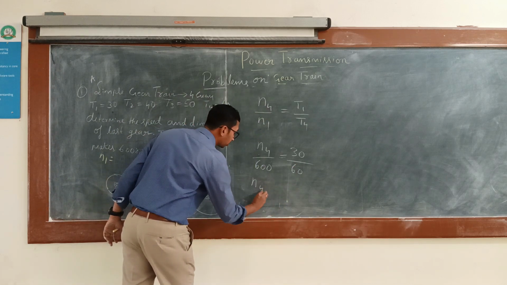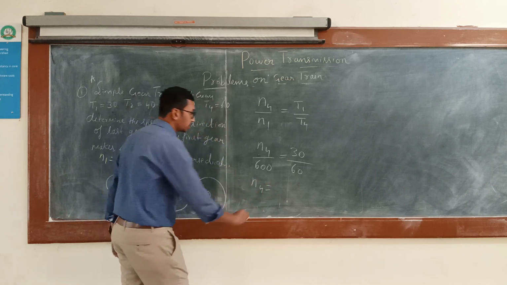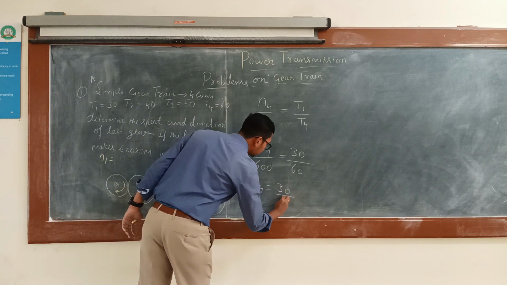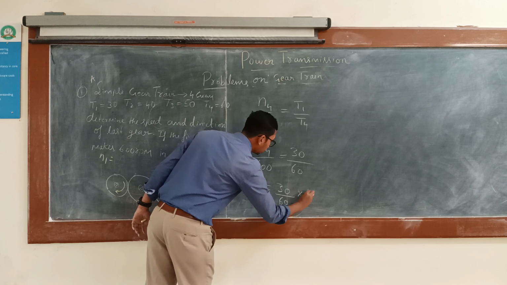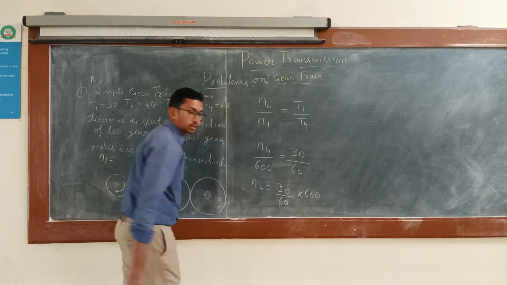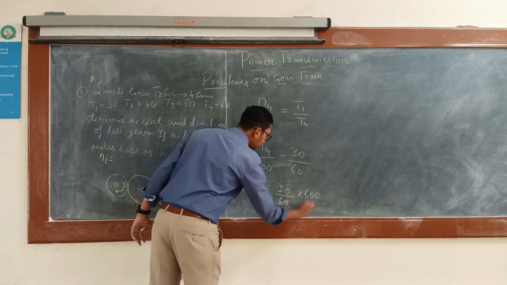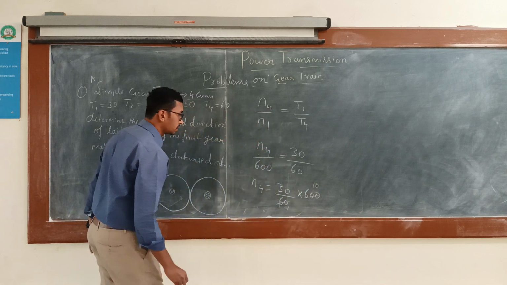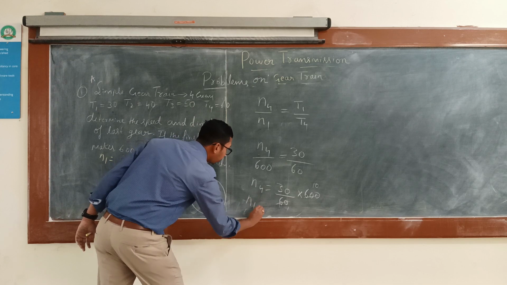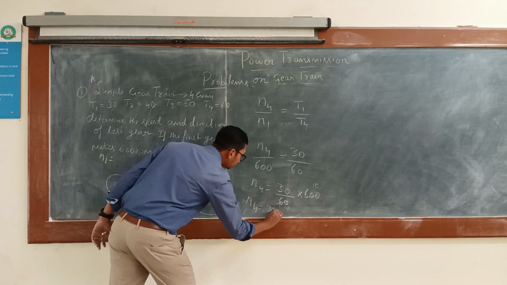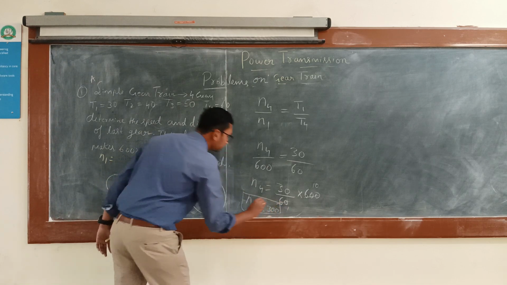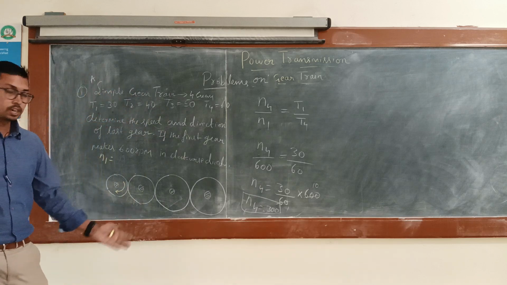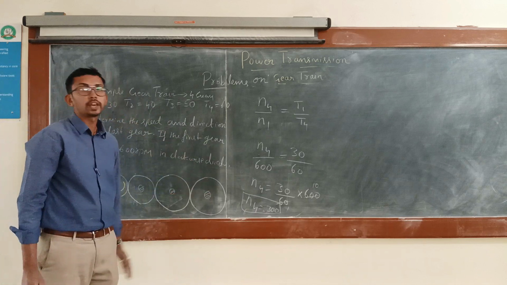Therefore, n4, that is the speed, is equal to 30 by 60 into 600. Right? So this one becomes 1 and this one becomes 10. So therefore, n4 is equal to 300 rpm. So that is the speed of rotation of the last gear.